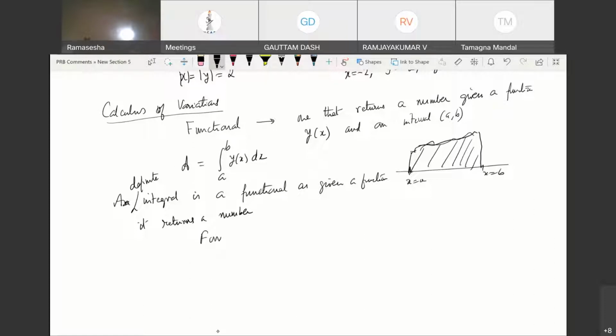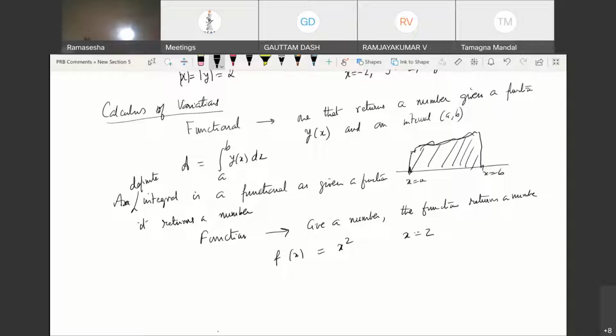For example, a function returns a number. I can have f of x equal to x squared. You give x equal to 2, then f of x is equal to 4.